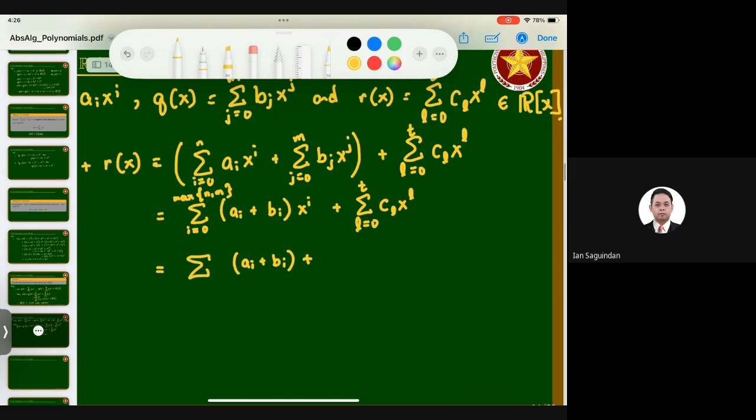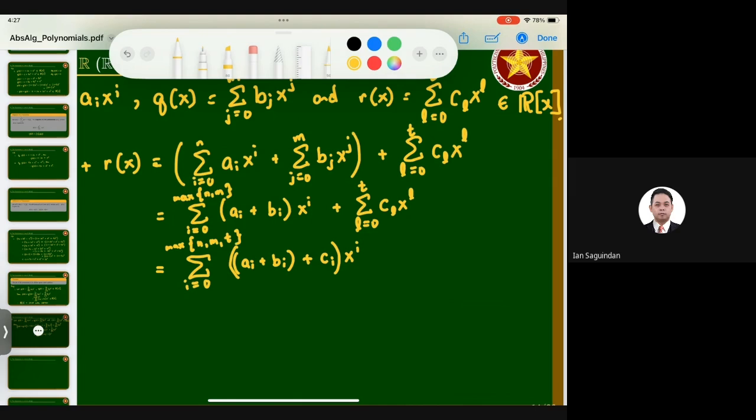So we have c sub i, all of this multiplied with x to the i running from 0, and then what will be the upper limit? Whichever is higher between n and m, we are going to compare it with t. So still we are going to use whichever is the highest among n, m, and p. That should be the upper limit.